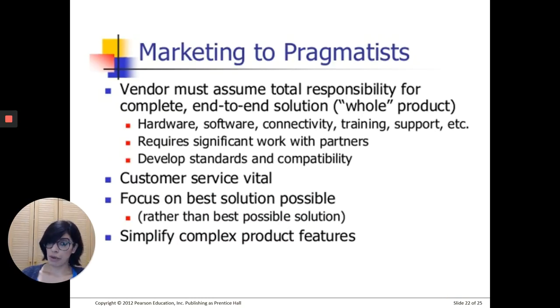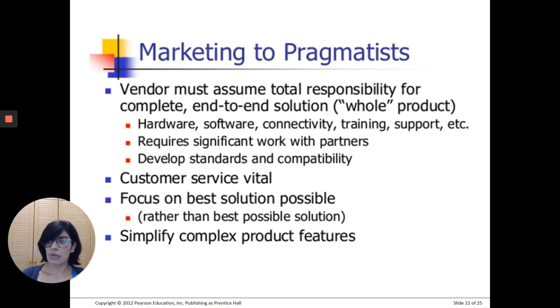So when you're marketing to pragmatists, the seller of the product, the vendor, has to assume total responsibility for the complete end-to-end solution. So that you come to the market with the whole product ready to go. There has to be the hardware, the software, connectivity, training, support, the whole life cycle has to be available. And it actually requires some significant work with partners, and you must develop standards and compatibility for existing products and lifestyles in the market.